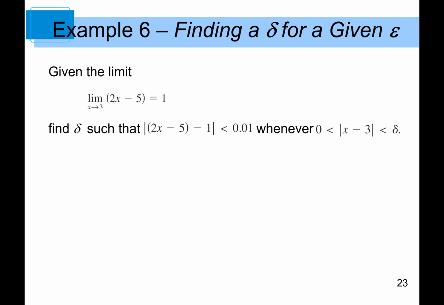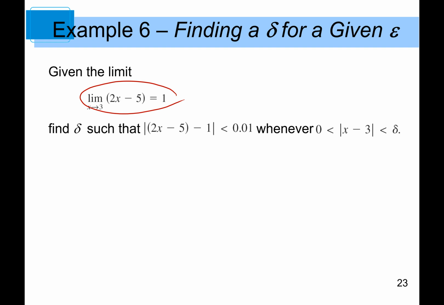So given the limit, let's take a look at an example. Find the delta for a given epsilon. Given a limit, limit as x approaches 3 of the function 2x minus 5 equals 1, and this is given, right? Find delta such that absolute value of 2x minus 5 minus 1 is less than 0.01 whenever absolute value of x minus 3 is greater than 0. That's the epsilon.